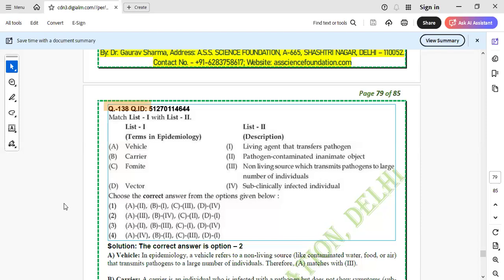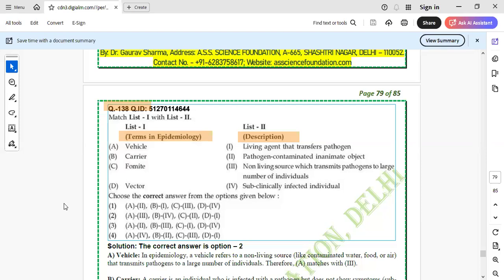So question number 138, terms in epidemiology, right? So and then description, right? So what are the terms we use in epidemiology, right? What is actually epidemiology, guys?